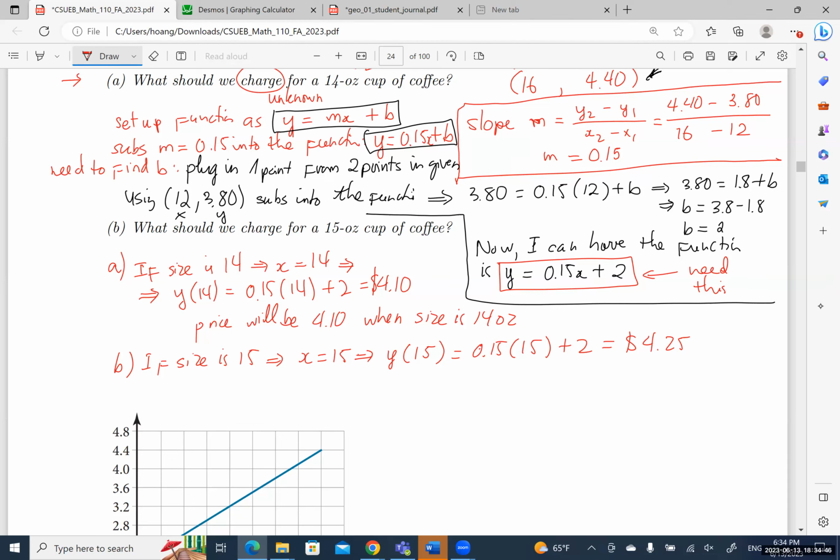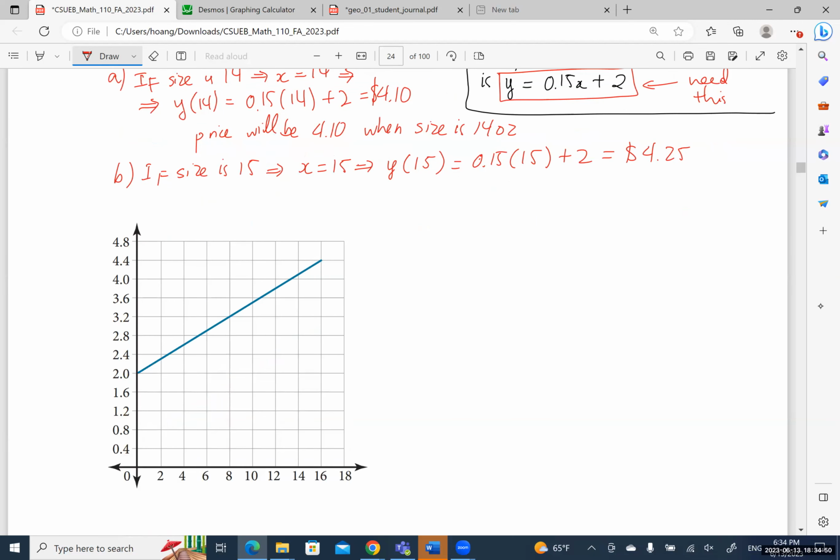Okay, so now down here is a graph of the price in dollars and the size in amps, right?